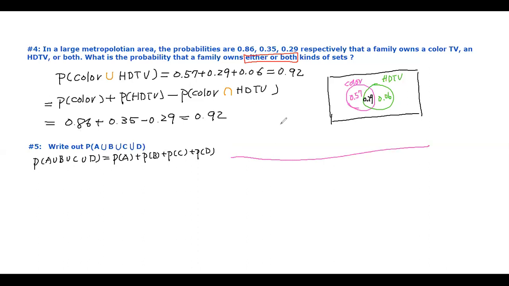Then for the second set, you want to write out all the combinations. I have 4 events, so all the combinations of 2, and then you subtract them. So let's see how many combinations we have.